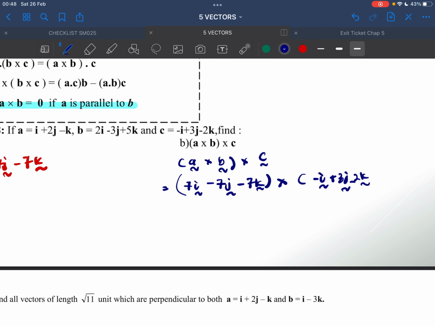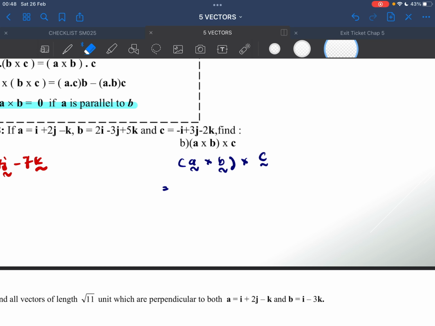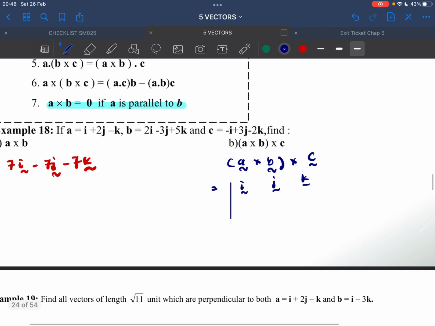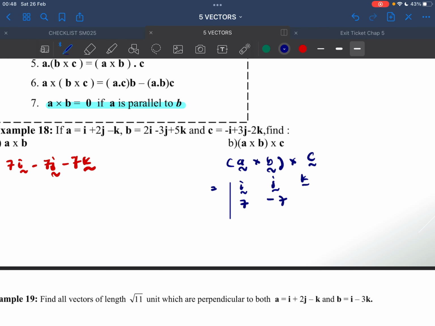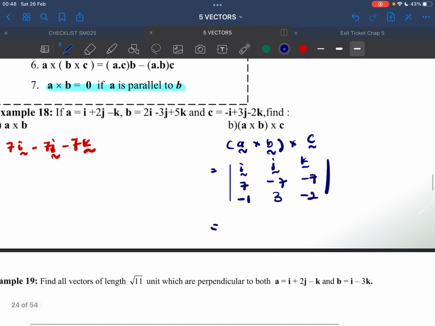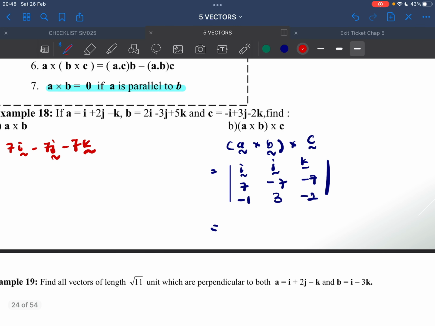We don't have to write this out, just put it in the determinant form. So we should have i, j, k, your A cross B is 7, negative 7, negative 7, and our C is negative 1, 3, negative 2. Then do as what we did earlier. You should get the answer 35i plus 21j plus 14k.